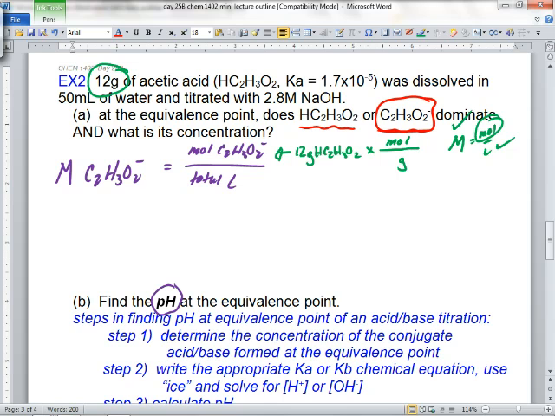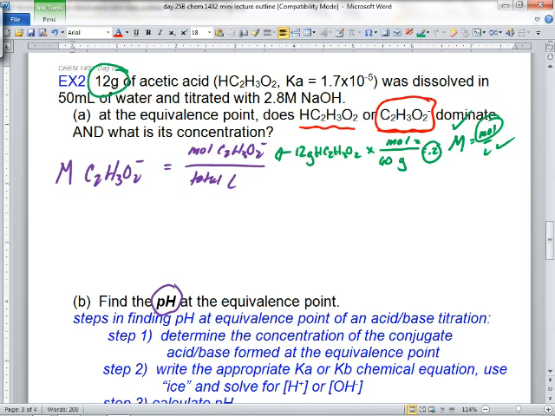I need 4 hydrogens, 2 carbons. What did you come up with? 60? Did you get 60? Okay. A whole bunch of people are getting 60. That's got to be it. Now I need 12 over 60. That should be 0.2. But I hate doing stuff in my head. Is that right? Okay. That top part's 0.2.